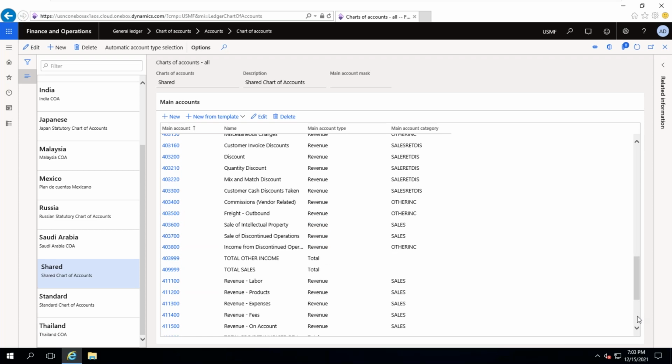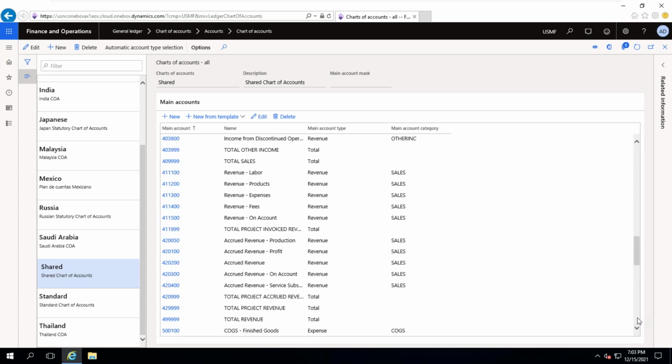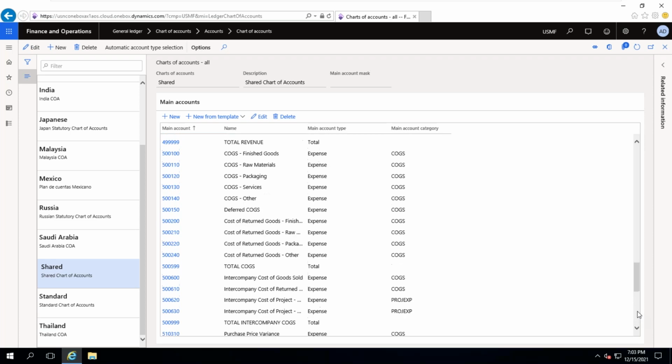And five series. Look at this one. Five series is expenses, but these expenses are COGS, cost of goods expenses. Cost of goods expenses means you are purchasing material.